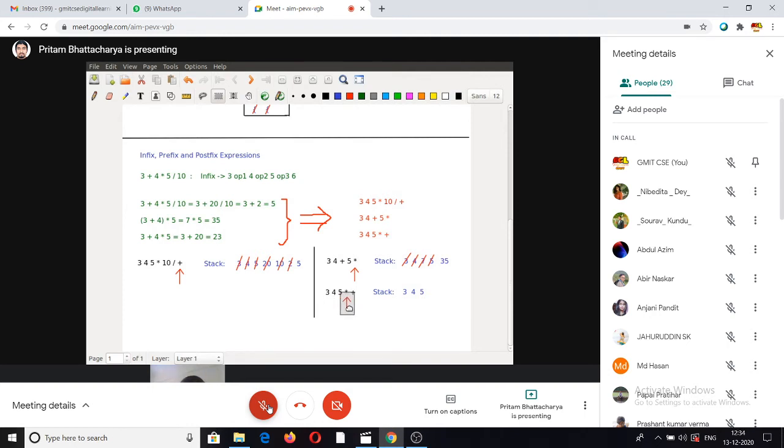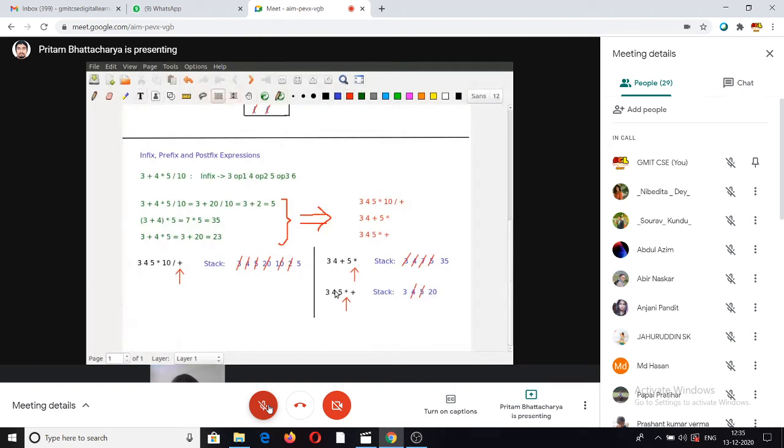Then you finally see the star. So what is the typical rule? At this point, you pop 5, you pop 4, and you apply star on them. So you have 4 into 5, 20. You already had 3 in the stack and you push in this 20 here.